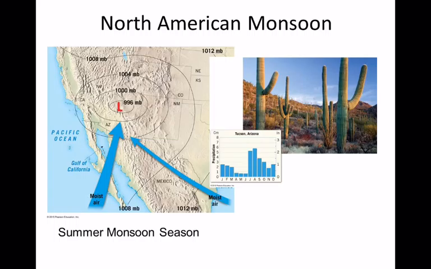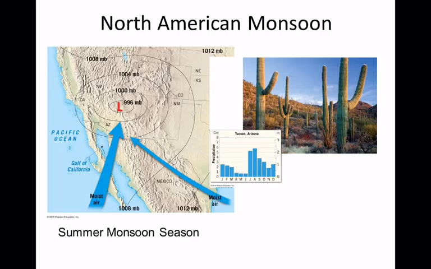Land heats up more quickly than large bodies of water. So here in our southwest and in Mexico, we end up with, for a period of time, kind of an artificial low. And what lows do is you have air coming into lows.